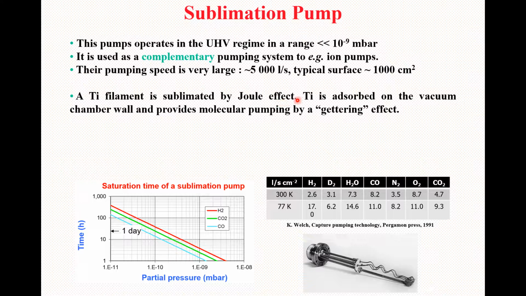So what happens after that? Titanium is adsorbed on the vacuum chamber wall and provides molecular pumping by the gettering effect. The gettering effect is normally achieved with getterable gases, and the getterable gases are hydrogen, water molecules or water vapor, oxygen, carbon monoxide, and carbon dioxide.